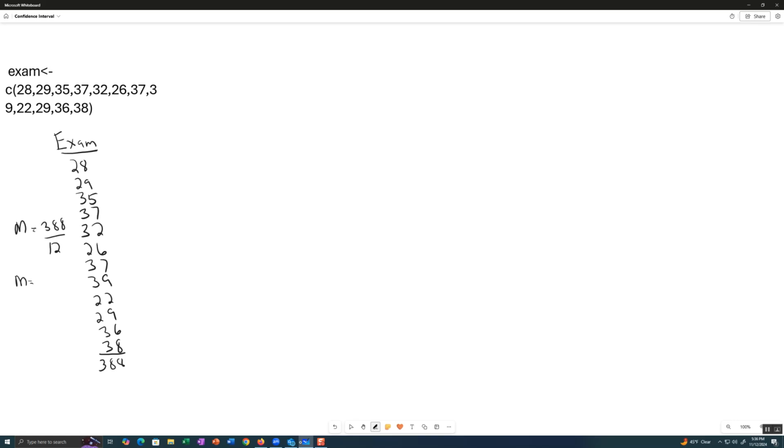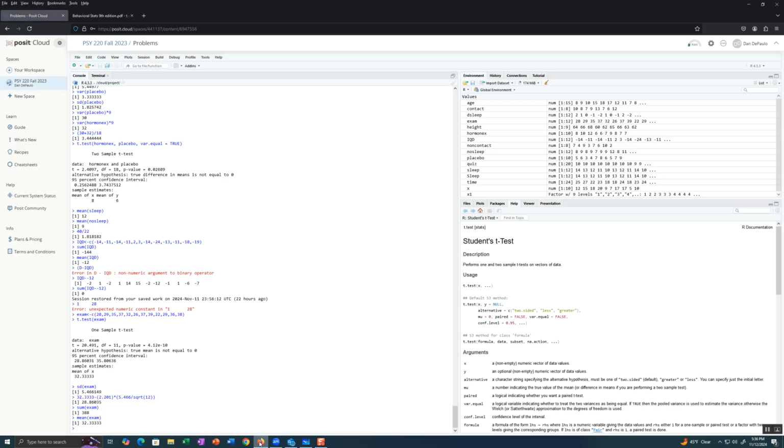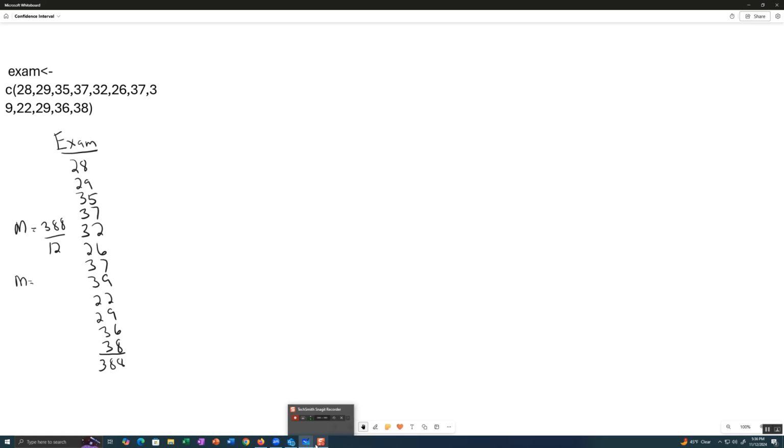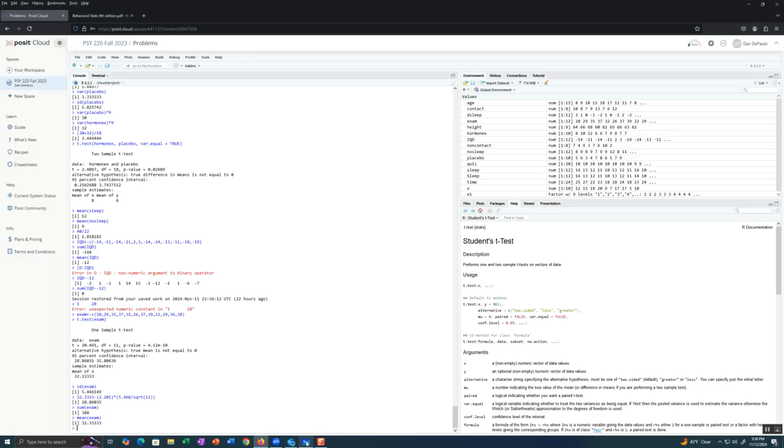So that divided by 12, and I did that in R here, it's 32.333. That way I don't have to do it on the calculator, or on my phone or in my head, which is going to be rough. So 32.333, double check that. Yes. Okay.